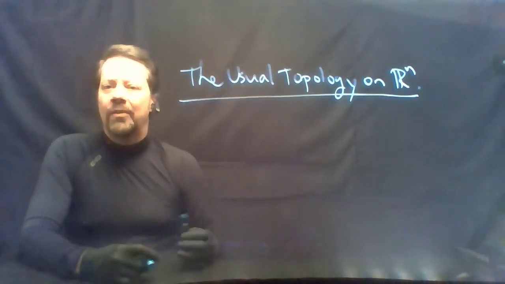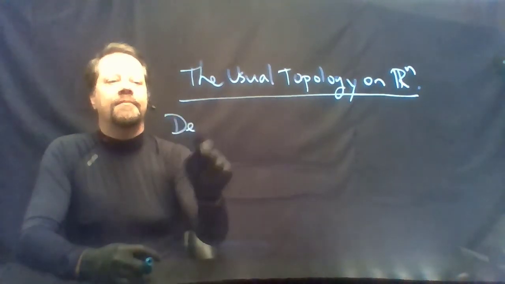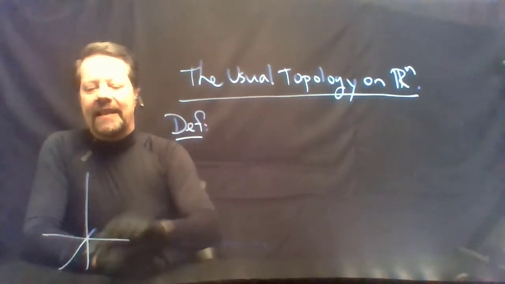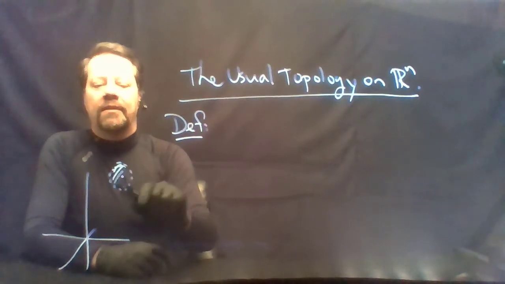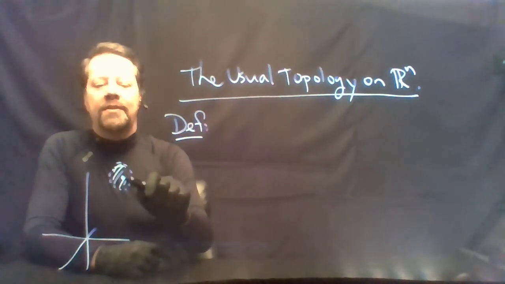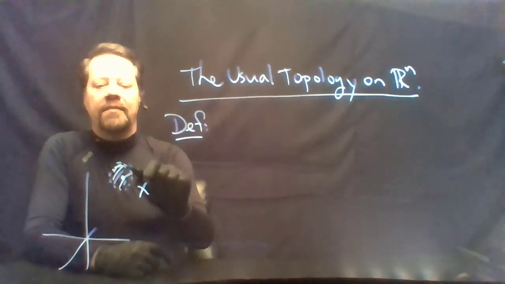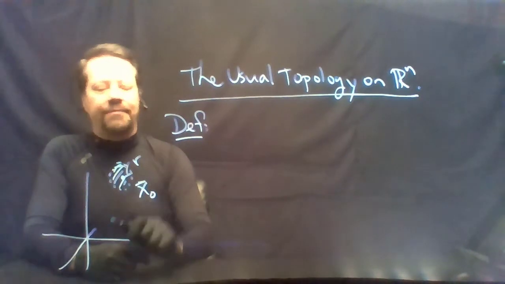We'll begin with defining what we mean by an open ball. We're trying to get at the idea of one of those little peeled grape thingies we looked at earlier. The set of all points in a ball of some radius r, centered at some point x naught.